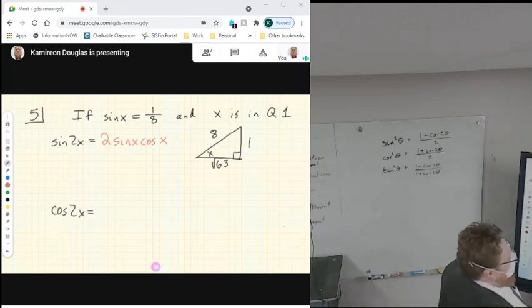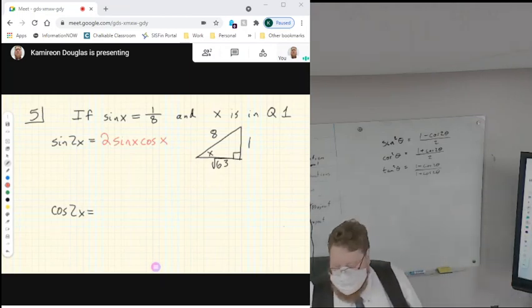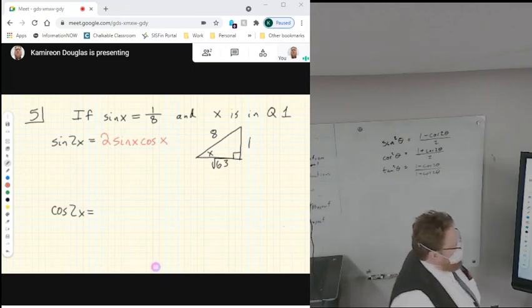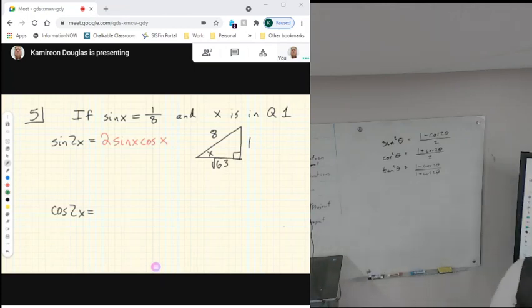So everywhere I see a sine of 2x, I can replace it with 2 sine x cosine x. But the nice thing is, this triangle will tell me both sine of x and cosine of x, because that's what the picture is for. So what I do is I now use this triangle to plug in 2 times the sine of x being opposite over hypotenuse, so 1 over 8, times the cosine of x, which in this case would be square root 63 over 8.